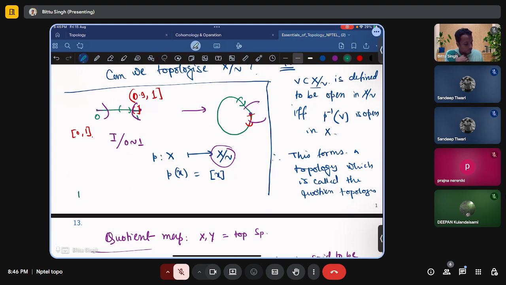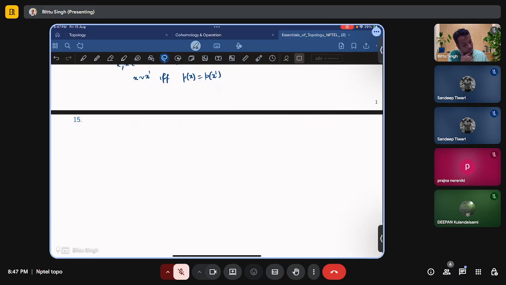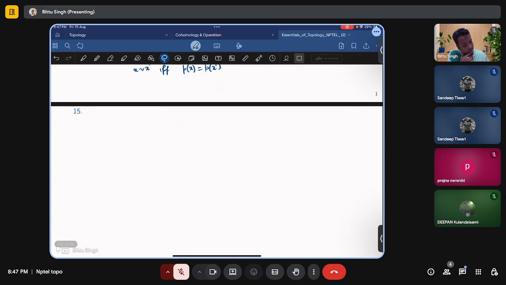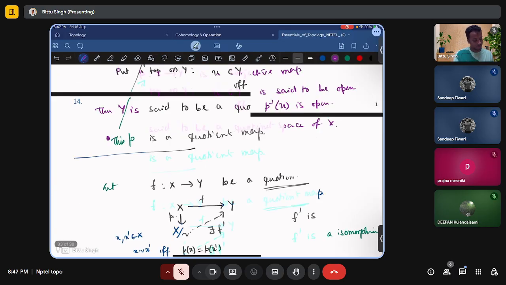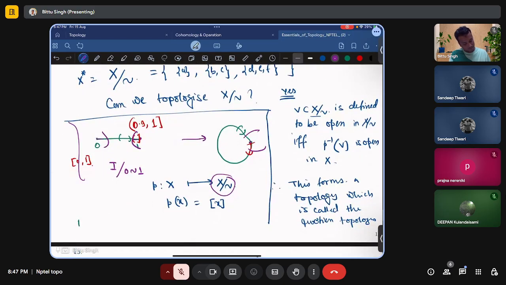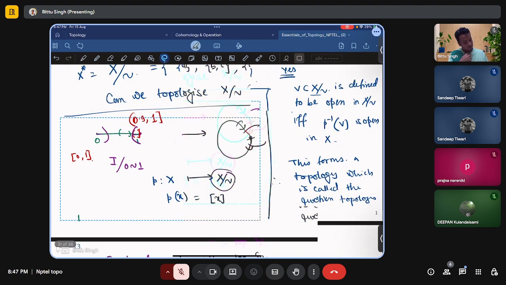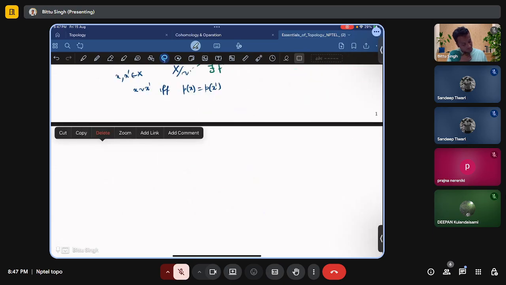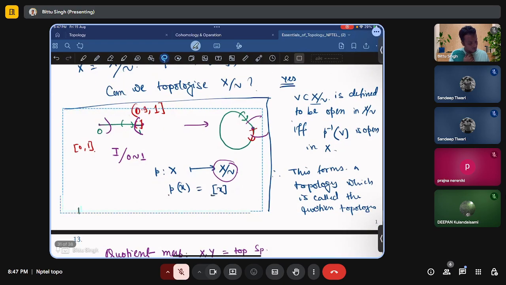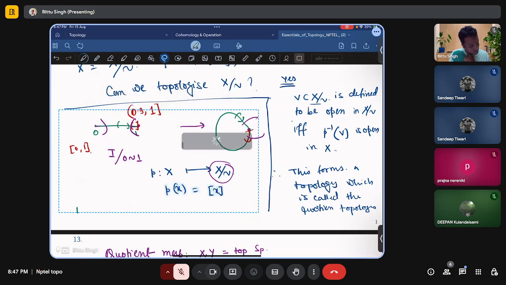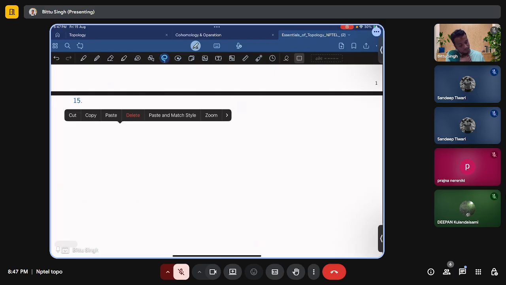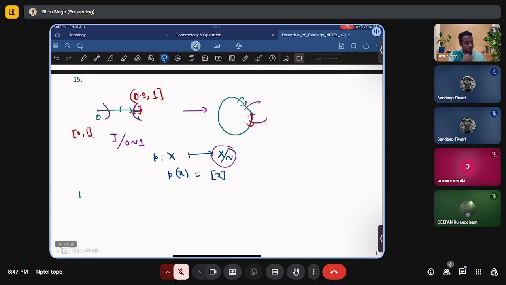So consider the map. That was the example we were considering.